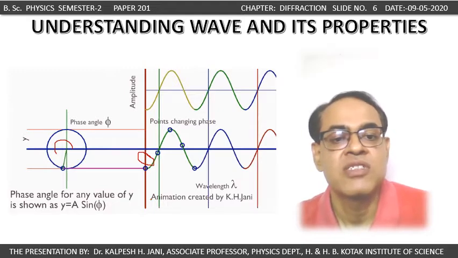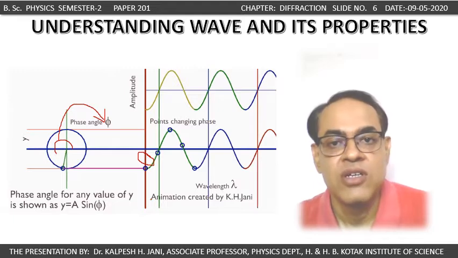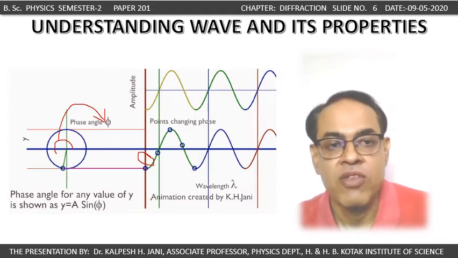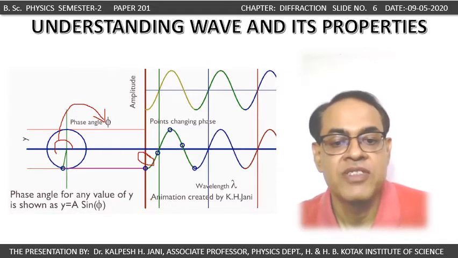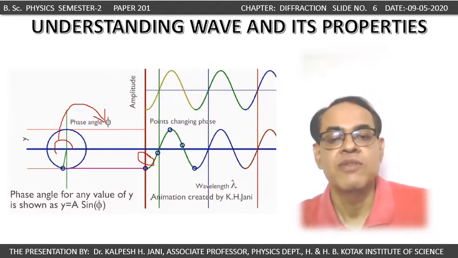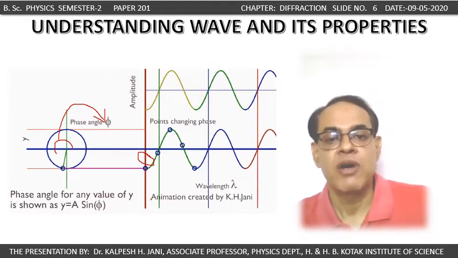This angle is known as the phase of the given constituent of the wave at a given time. So this is what the phase of the given point of the wave is all about.